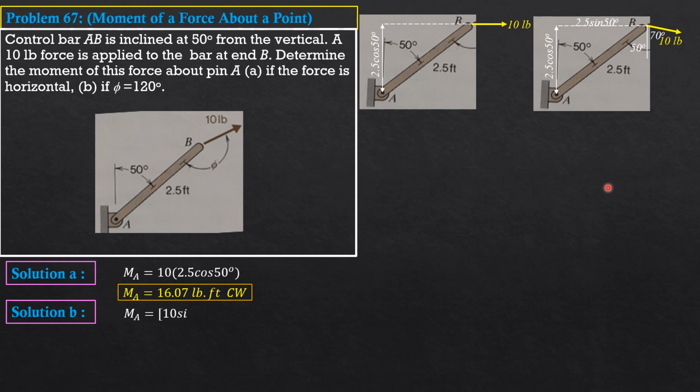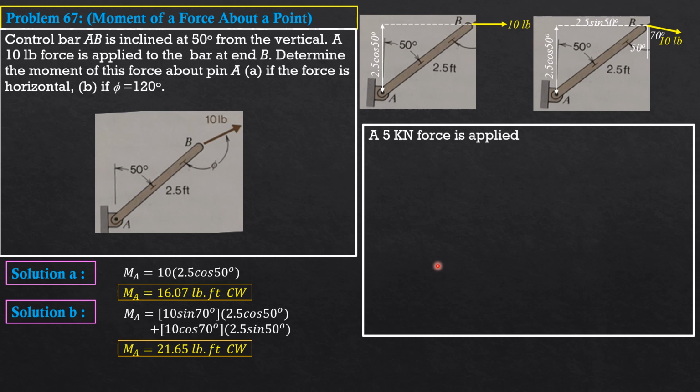So moment about A is horizontal first, 10 sine 70 times 2.5 cosine 50 degrees, plus the vertical component, which is downward, 10 cosine 70, and the moment arm is 2.5 sine of 50 degrees. So the moment at A is equal to 21.65 pound-foot if P is 120 degrees.